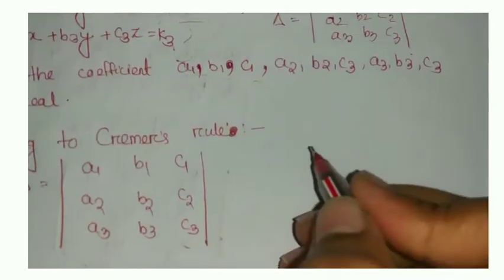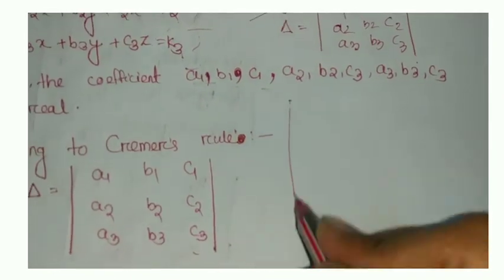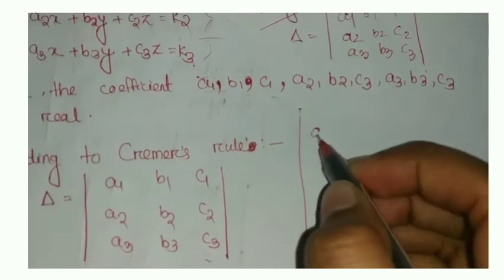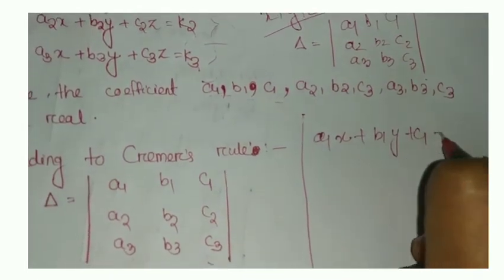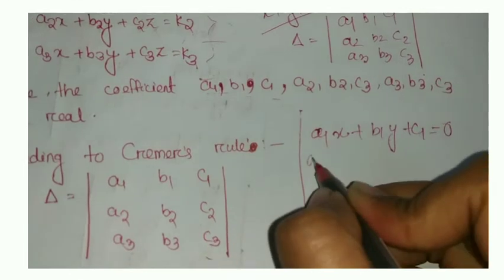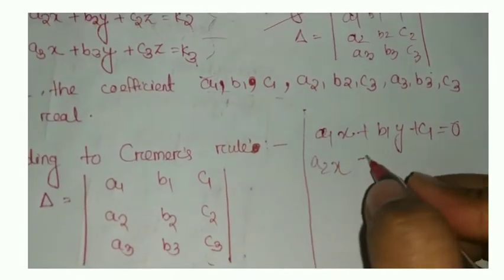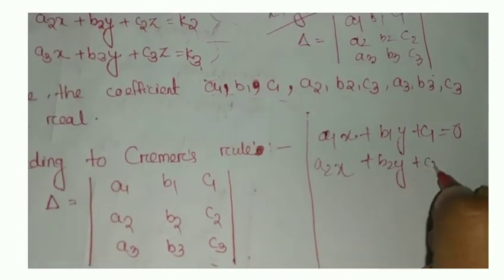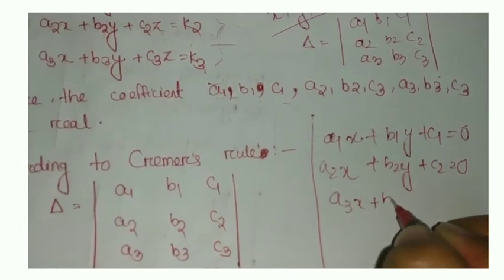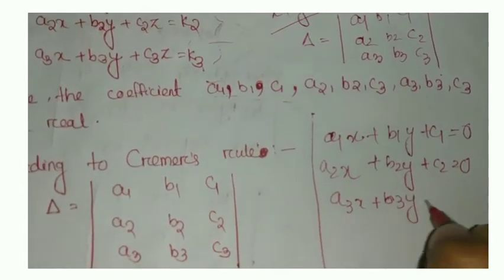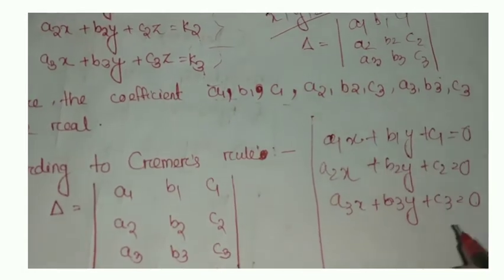Suppose we have another three linear equations: a1x plus b1y plus c1 equal to 0, a2x plus b2y plus c2 equal to 0, and a3x plus b3y plus c3 equal to 0.